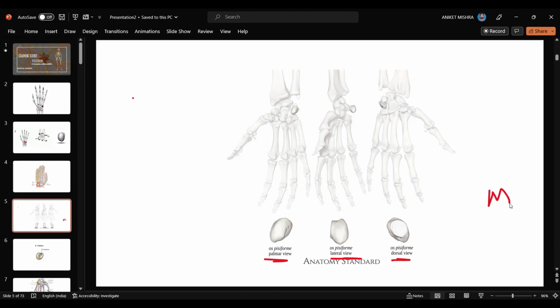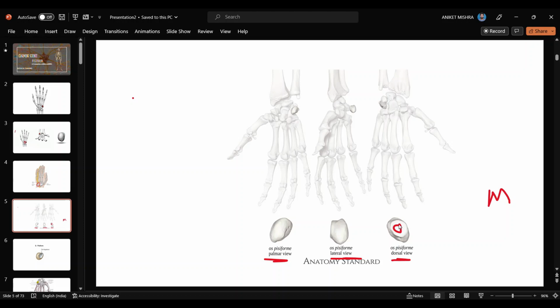When we look at the dorsal surface, we find a smooth concave oval surface, also known as the triquetrum facet, which provides the attachment site for the triquetrum bone.